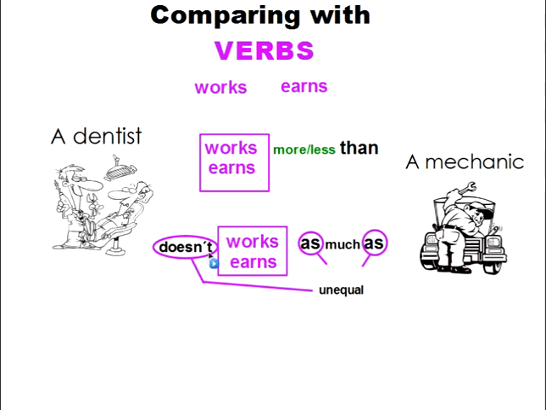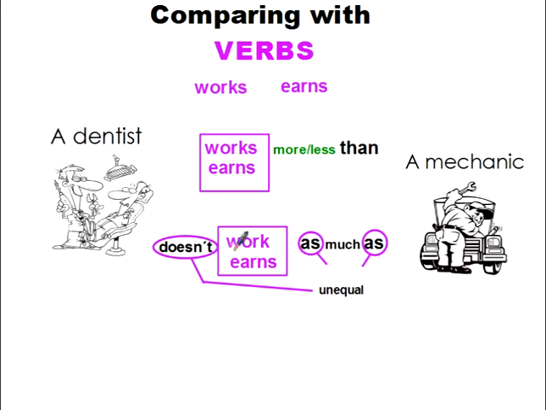Well, you have to make the verb negative, right? And if I'm going to make the verb negative, then I have to think about a dentist doesn't work as much as. So I don't need the S now because that's the S on doesn't. That's the S, the third person on the negative.